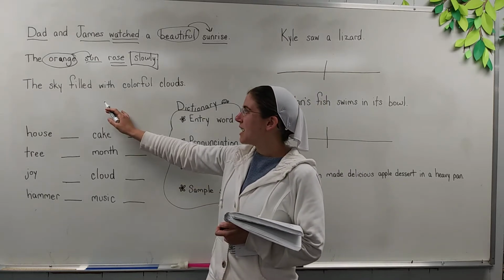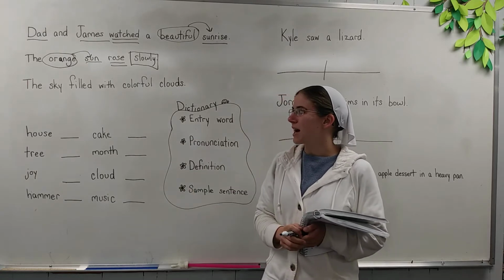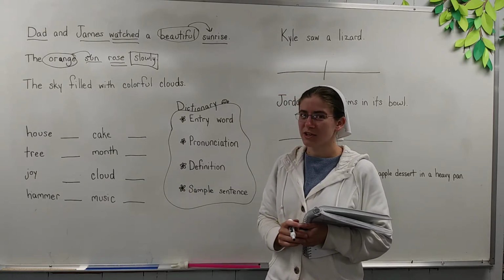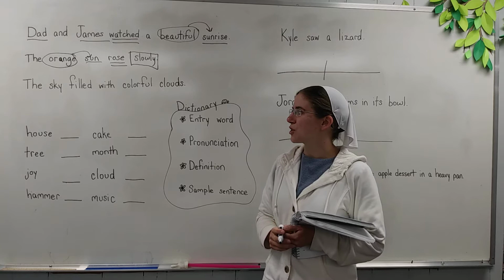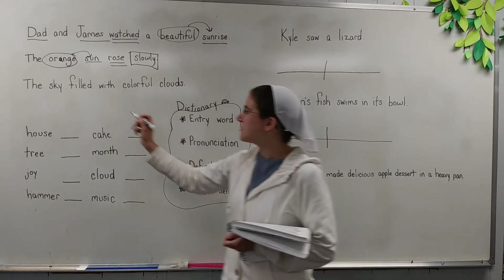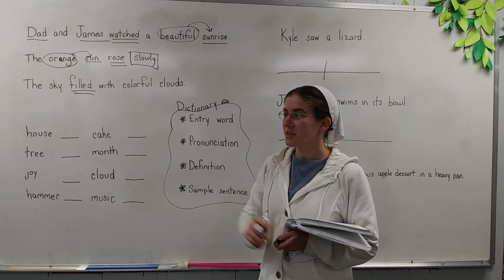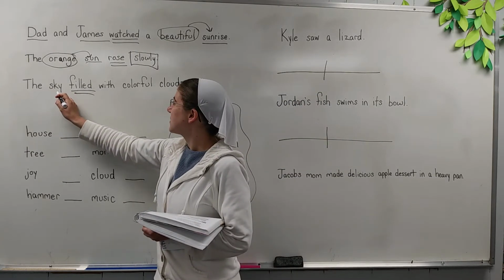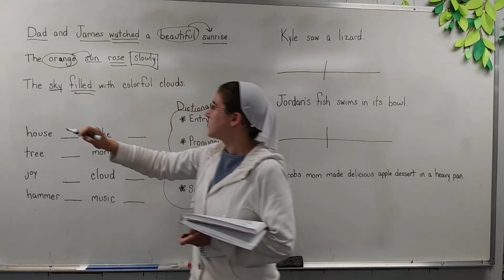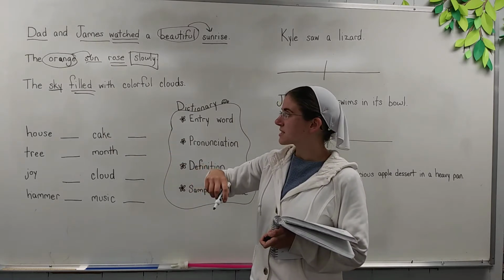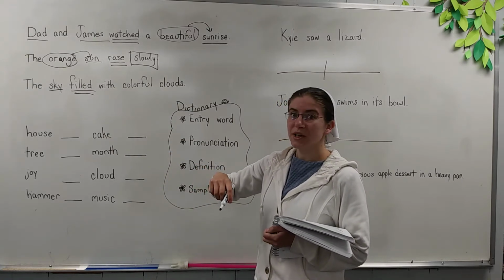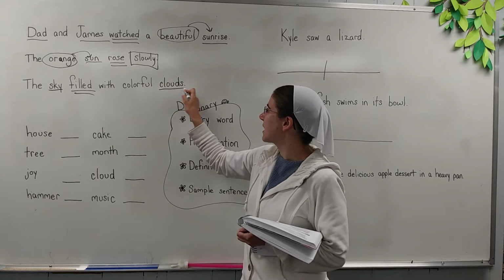Okay, the sky filled with colorful clouds. What is the action in the sentence? What's our verb? The sky filled. And what filled? The sky. So sky is our noun. Are there any more nouns? The sky filled with colorful clouds. Clouds is a noun.